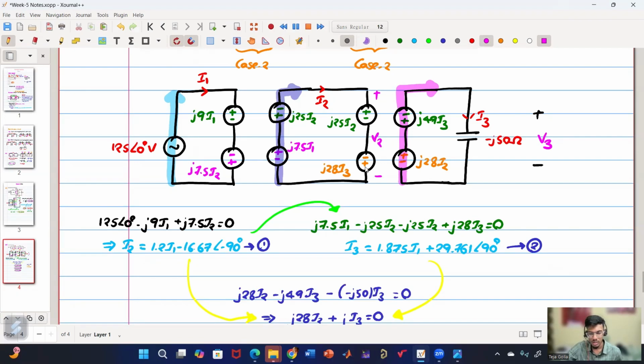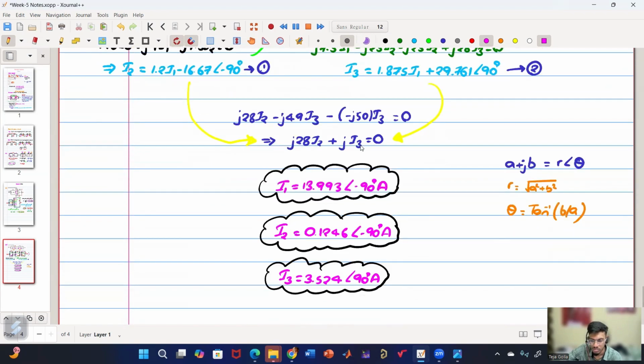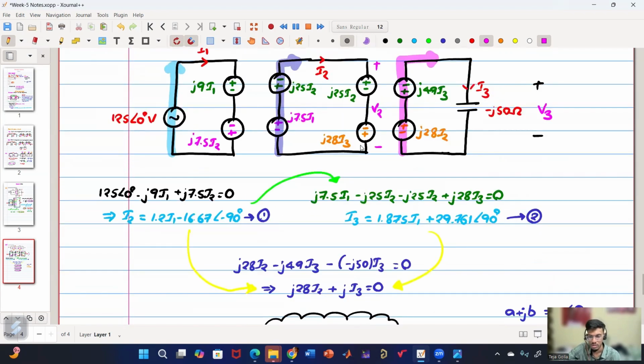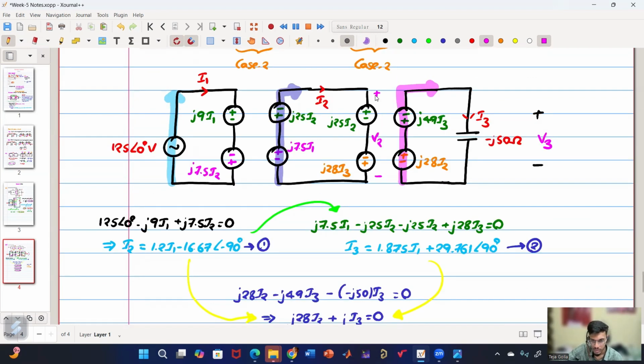What is V2? Minus J28I3 plus J25I2, right? Agree or anyone?